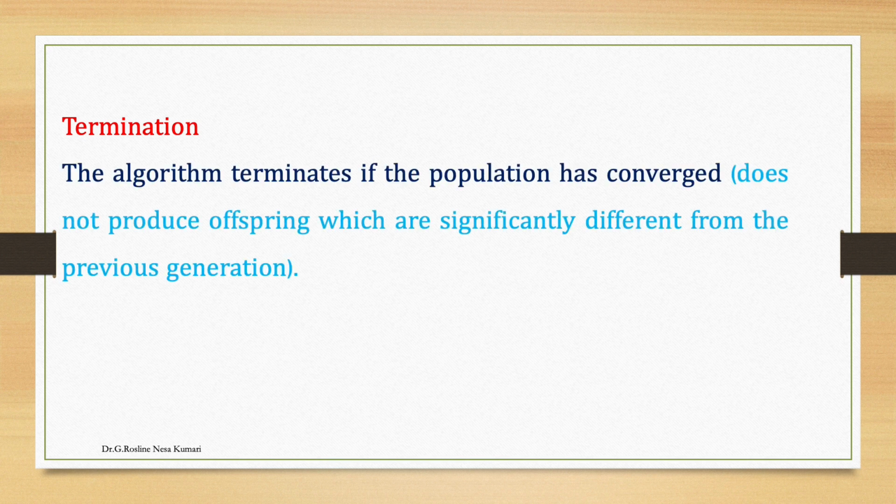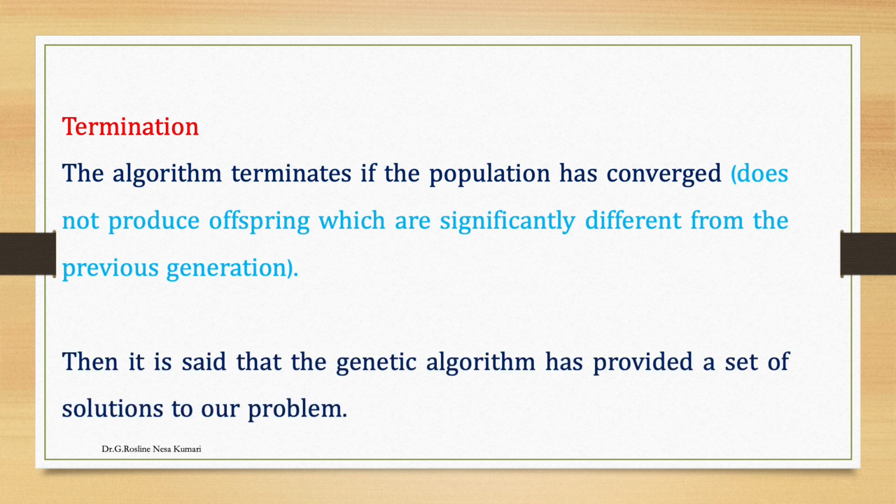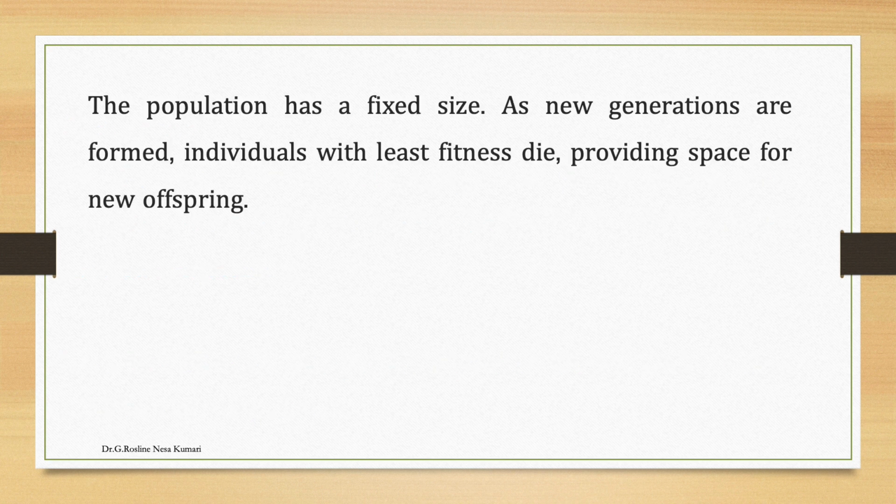Termination. The algorithm terminates if the population has converged, that is, it does not produce offspring which are significantly different from the previous generation. Then it is said that the genetic algorithm has provided a set of solutions to our problem. The population has a fixed size.